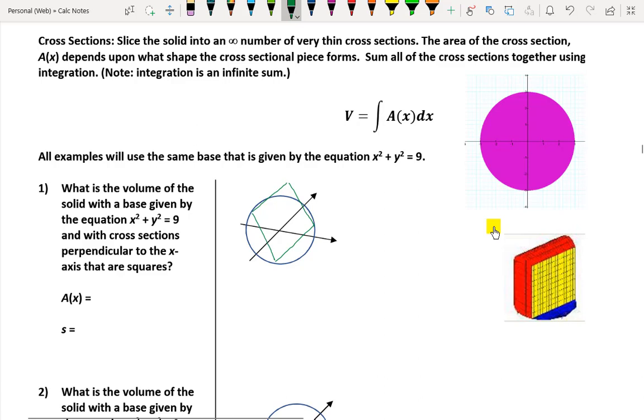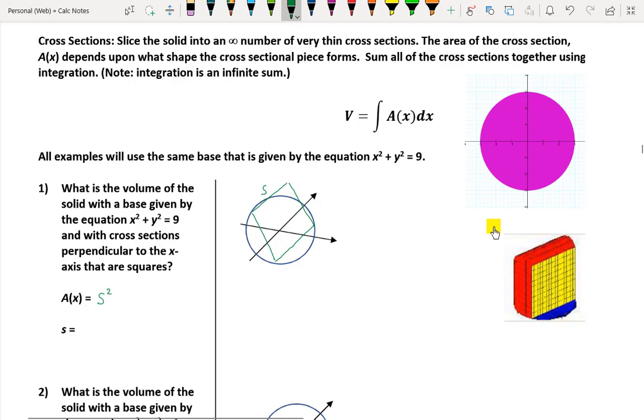We know that the area of a square is simply s squared, or side squared. But then we need to know what s is. We need to know the length of one of these sides right here. The length of that side is given by the distance from one side of the circle to the other.